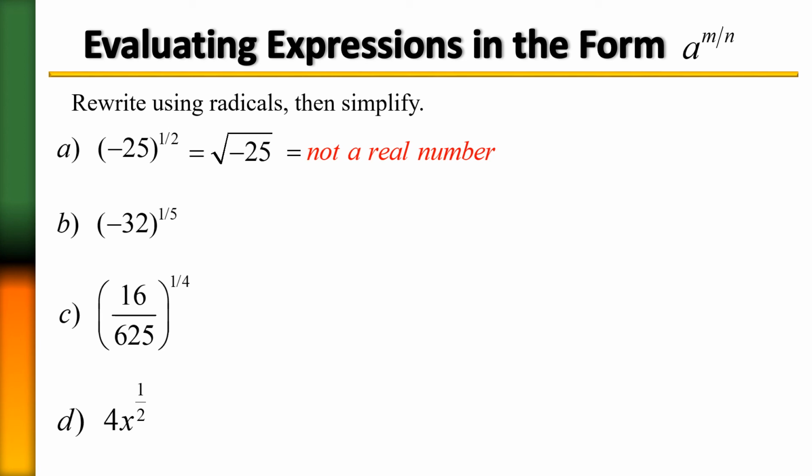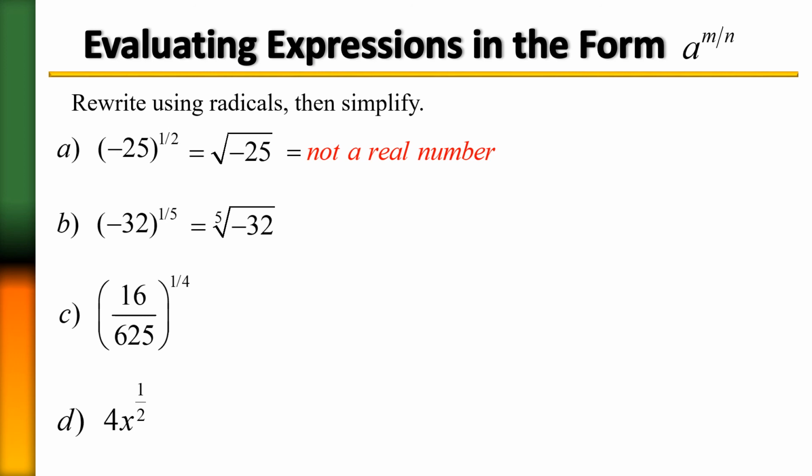Let's go to the next one. We have negative 32 raised to the 1/5 power. So that tells me we're going to be dealing with the 5th root. And again, because that negative is enclosed inside the parentheses, it's going to go under the radical symbol of that 5th root. So let's solve it. The 5th root of negative 32, and yes, you can have a negative underneath an odd root.